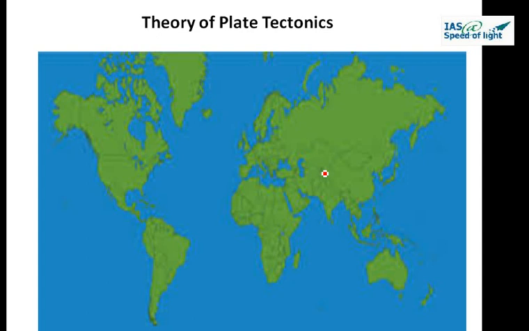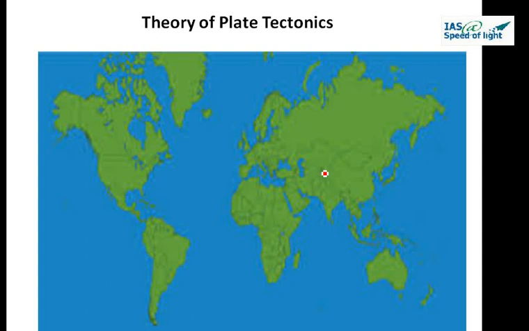The first thing we can do is to have a look at this world map, the location of different continents. We can clearly see on this map that the boundaries of the different continents or landmasses, which are not separated by vast distances, can fit together like a jigsaw puzzle.